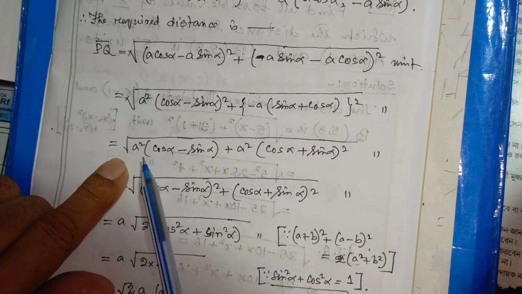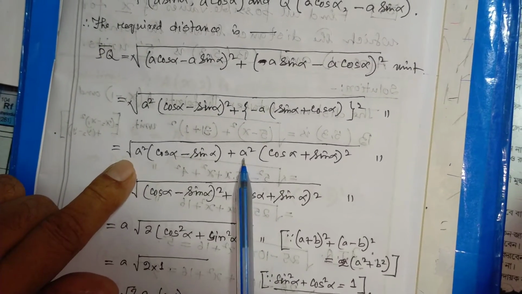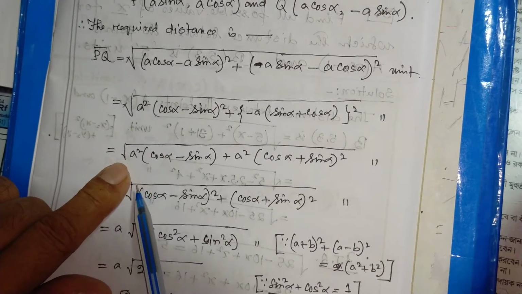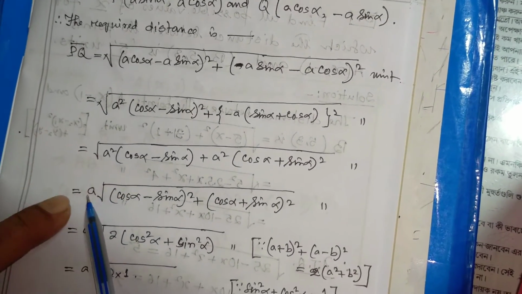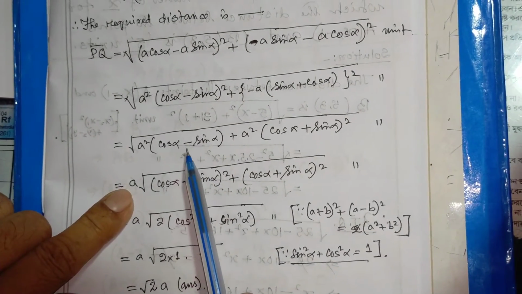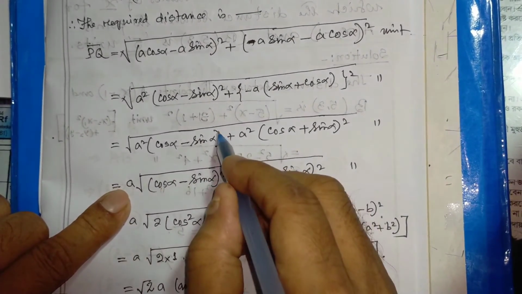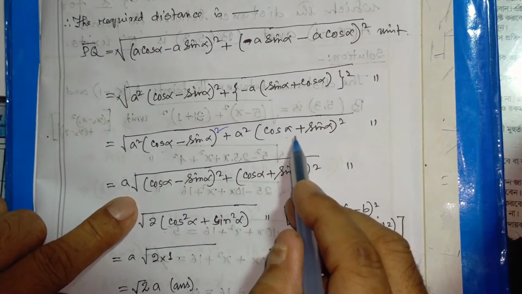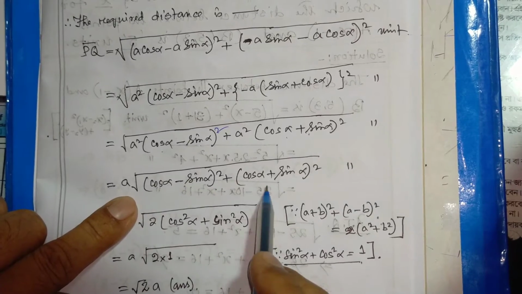Now there are two squares in two cases. If I take this common as A square, and from square root it will come out of square root as A. So inside it is now cos alpha minus sin alpha whole square, and here cos alpha plus sin alpha whole square. I have written that one.